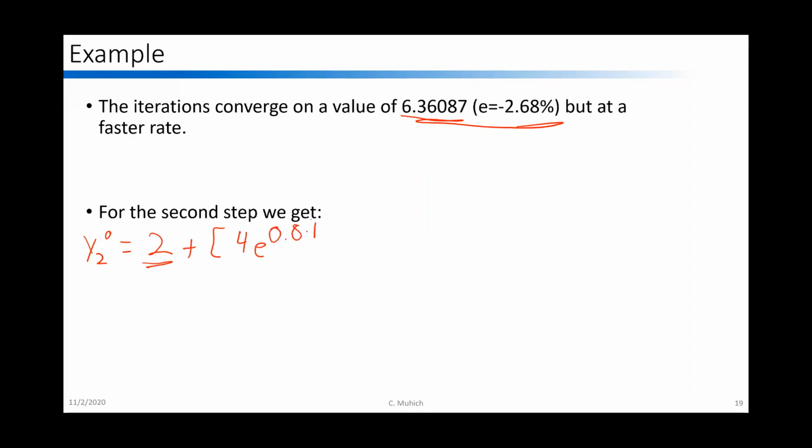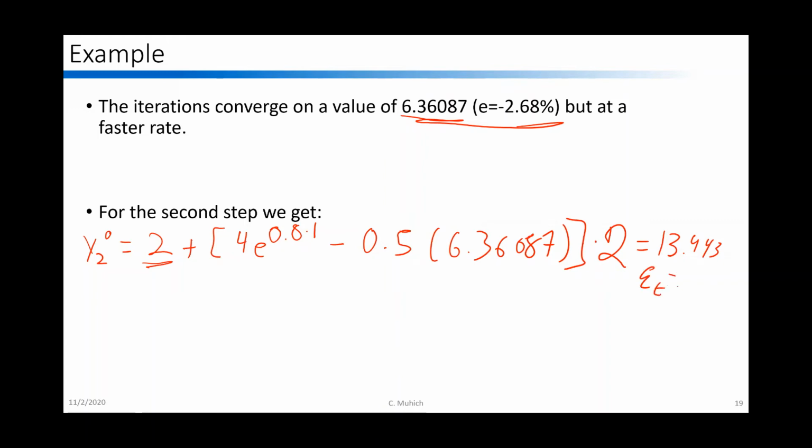My previous time, this was 2 back, 0.5 times that old y value, 6.36087, times 2, which is my time step for the central difference formula. So giving us a value of 13.443 and a true error of 9.43.